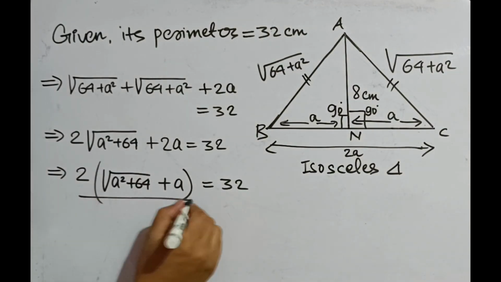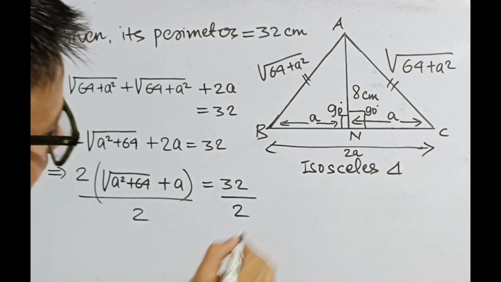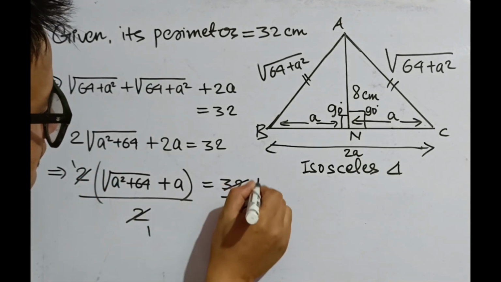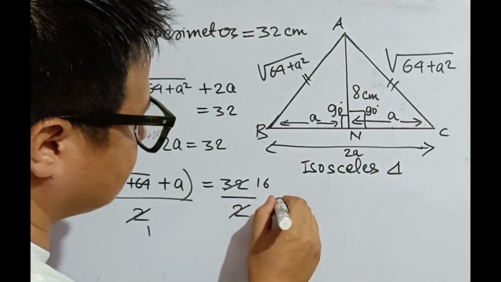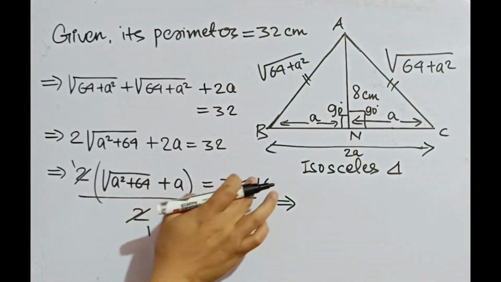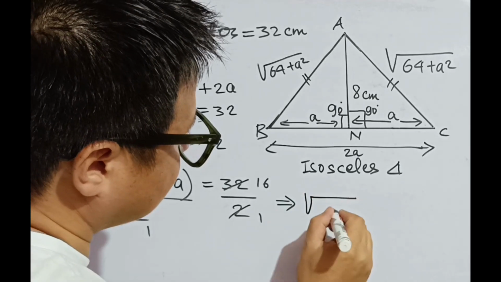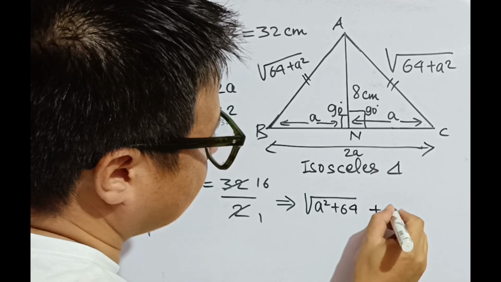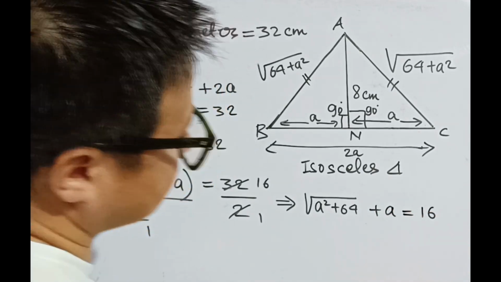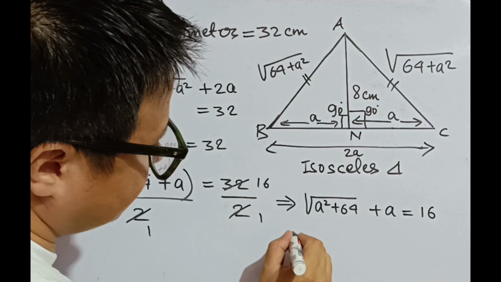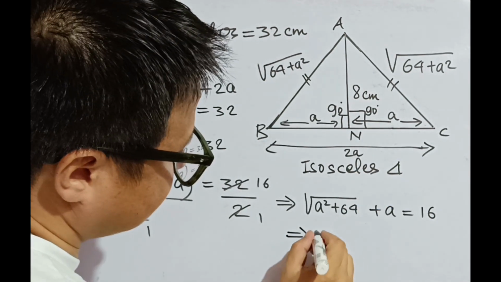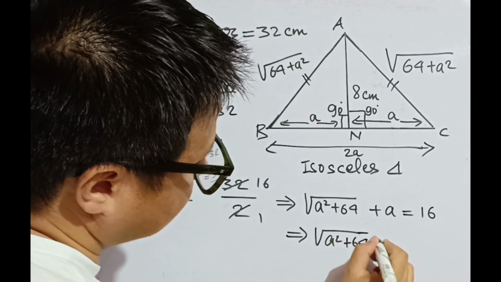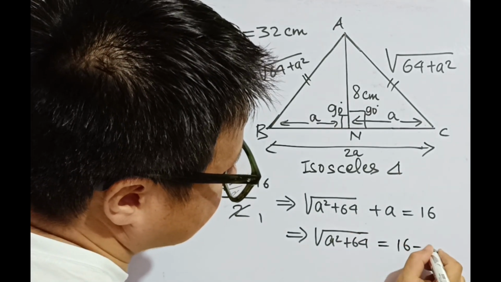We can divide both sides by 2 to cancel 2 in the left hand side. 2 ones are 2, 2 16 are 32, and now we get under root of a square plus 64 plus a is equal to 16. In the next line we can take this plus a to the right hand side, and this becomes minus a. So it becomes under root of a square plus 64 is equal to 16 minus a.